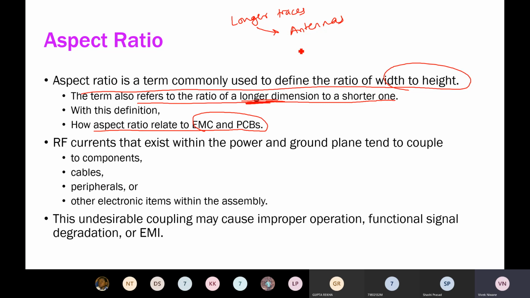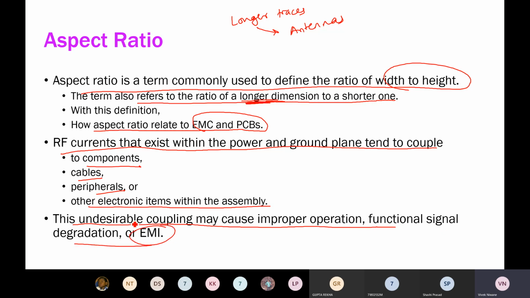Okay, these are going to act as antennas when we are dealing with megahertz and gigahertz frequencies. Then RF currents that exist within the power and ground plane tend to couple to components, to cables, to peripherals and other electronic items within the assembly. RF current, gigahertz frequency currents. This undesirable coupling may cause improper operation and functional signal degradation or EMI. It is going to generate EMI.